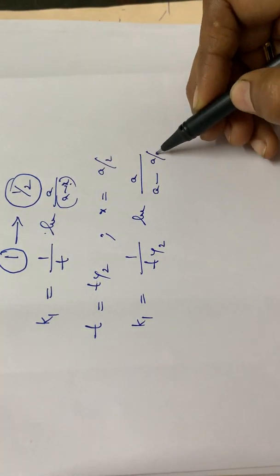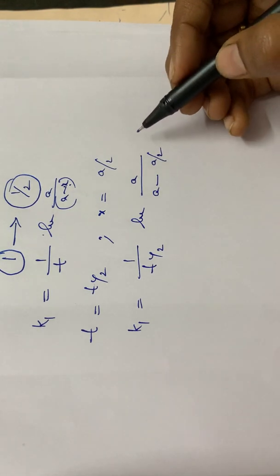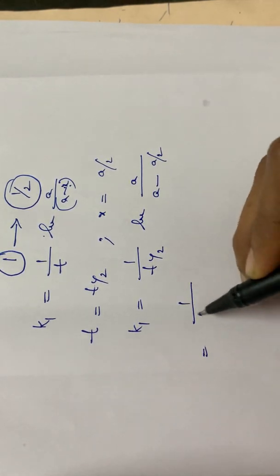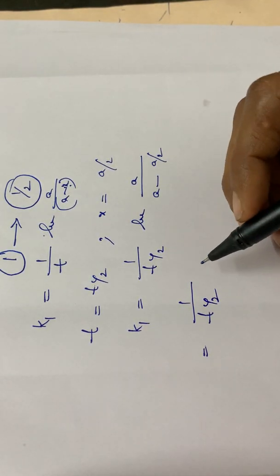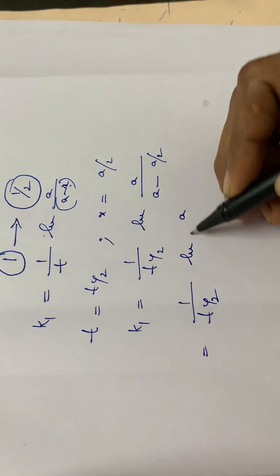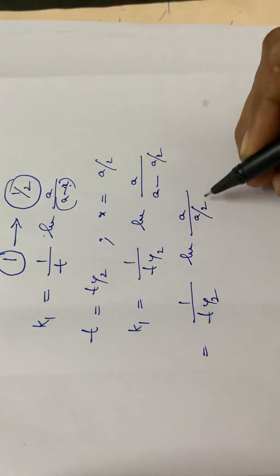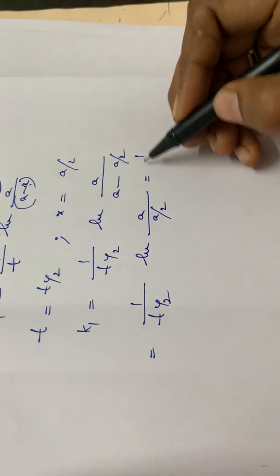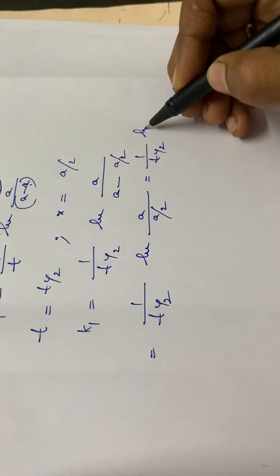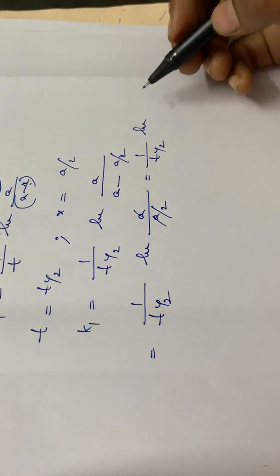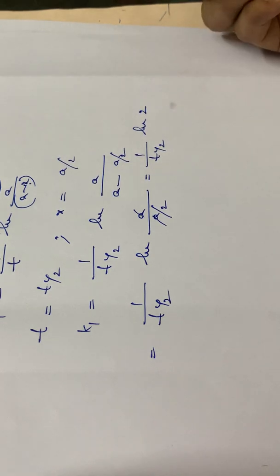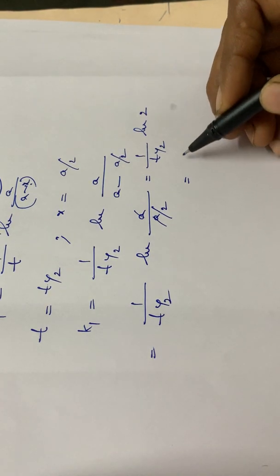Instead of X, you substitute A by 2. A minus A by 2 means it is A by 2, so the A gets cancelled and it becomes ln 2.